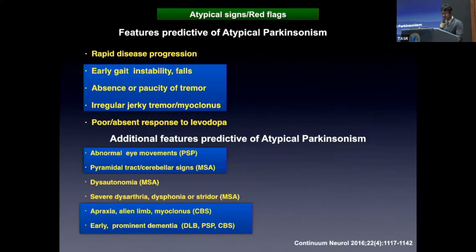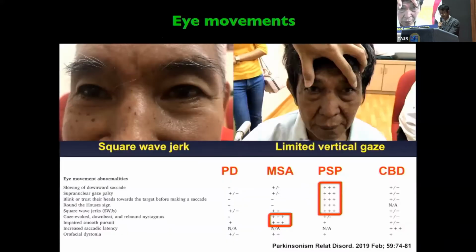Additional features, the eye movements and the cerebellar signs are important. Then you watch out for things like the stridor, dysarthria, dysphonia, the apraxia, alien limb and myoclonus in corticobasal syndrome. And always do a test, probably a Montreal Cognitive Assessment to determine whether the patient has dementia and how many years it has been since the patient was diagnosed to have Parkinsonism.